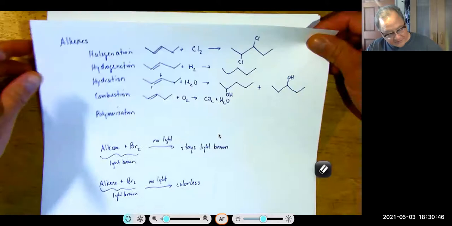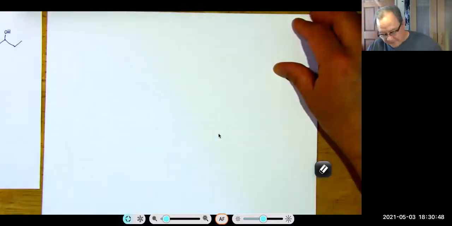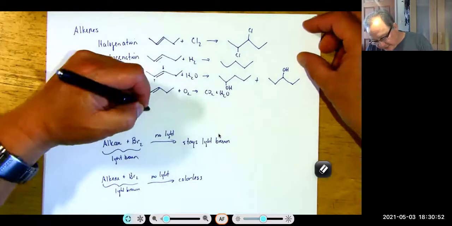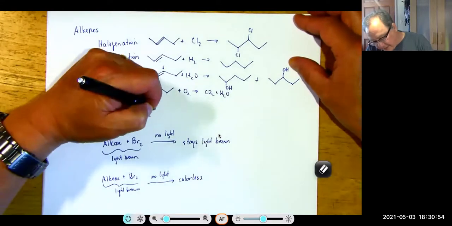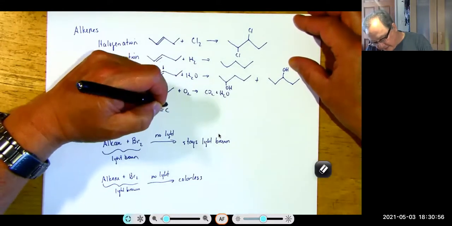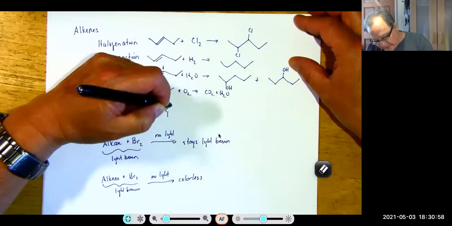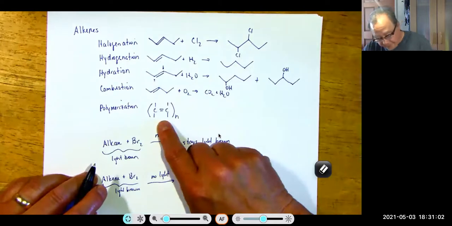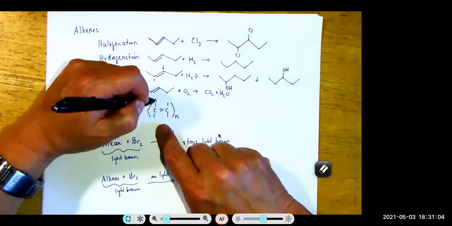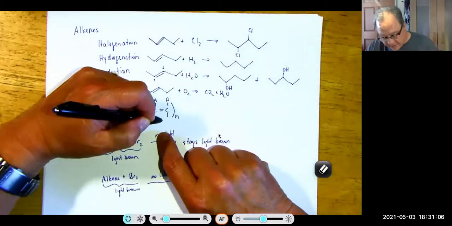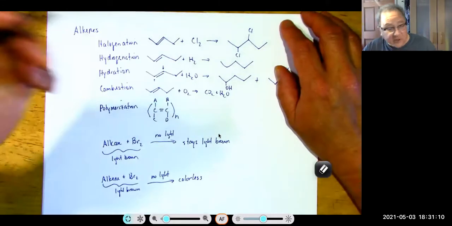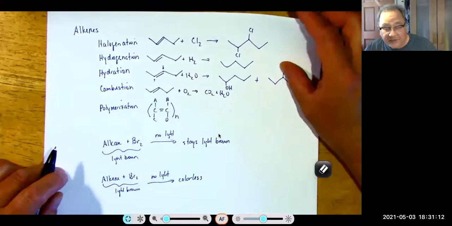So in polymerization, what happens is, let's say that this is your alkene, okay? So I'm just going to put A, B, C, D. These could be hydrogens. They could be CH3s. They could be chlorines. They could be fluorines.